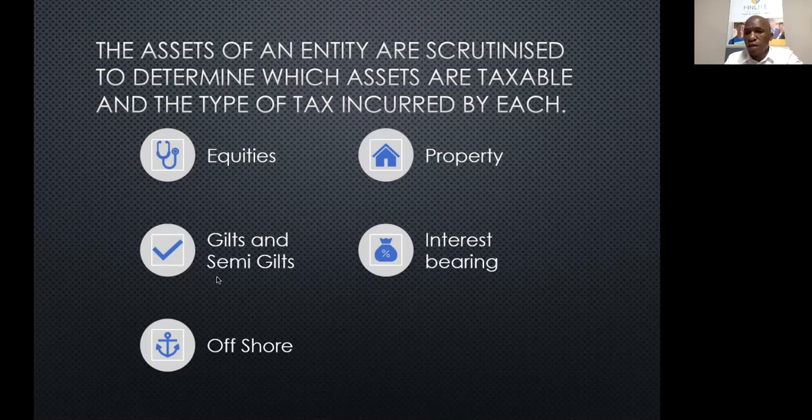Bonds earn interest as well. So if the individual you are analyzing has interest that comes from bonds, that interest would be subject to income tax. The same goes for interest from interest-bearing instruments, money market for instance, or cash sitting at the bank, which increases because of the income that comes in. That income is taxable, so you must just be aware of that.